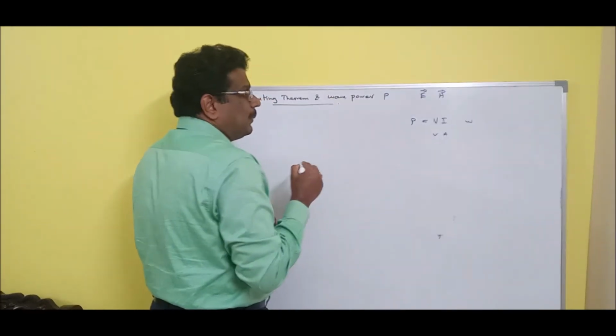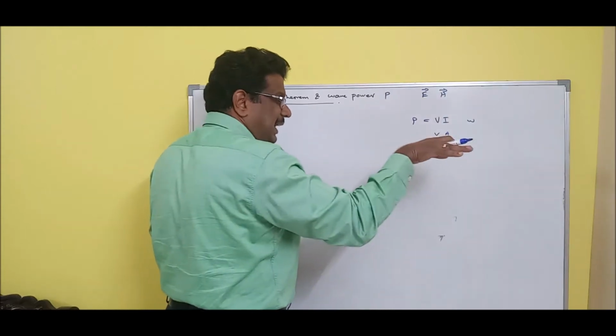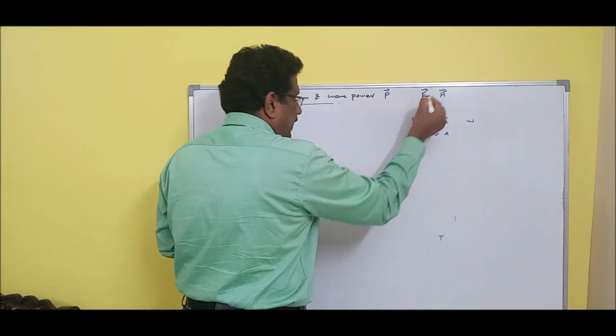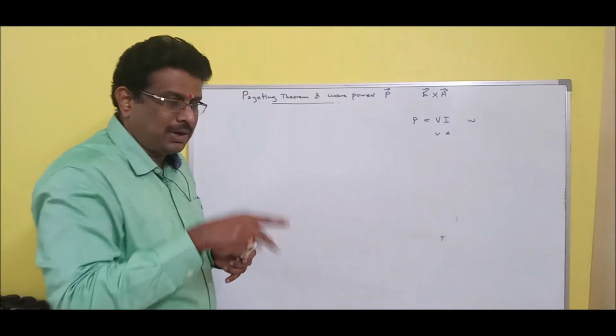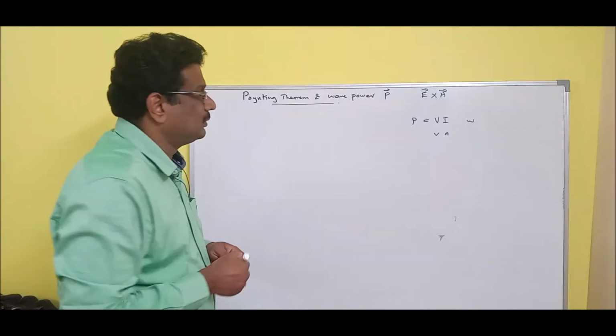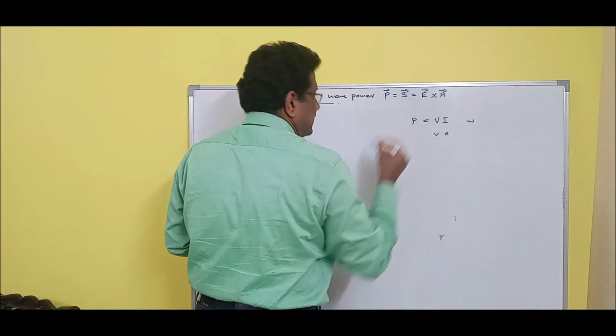But the beauty, since both are vector and the power also propagates in the x direction, so it is a vector. It cannot be dot product, it should be the cross product. Why? Because cross product is between two vectors, result is also a vector. Now I can call this as a P, I can also call this as a S, nothing wrong.